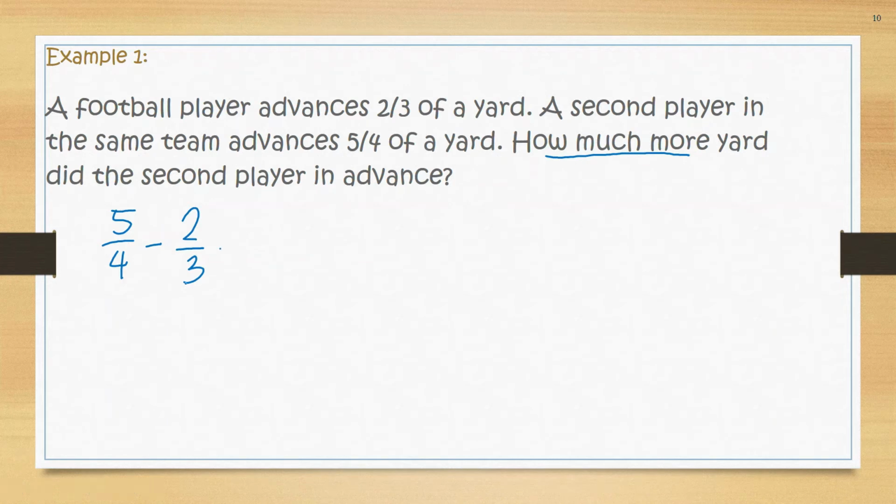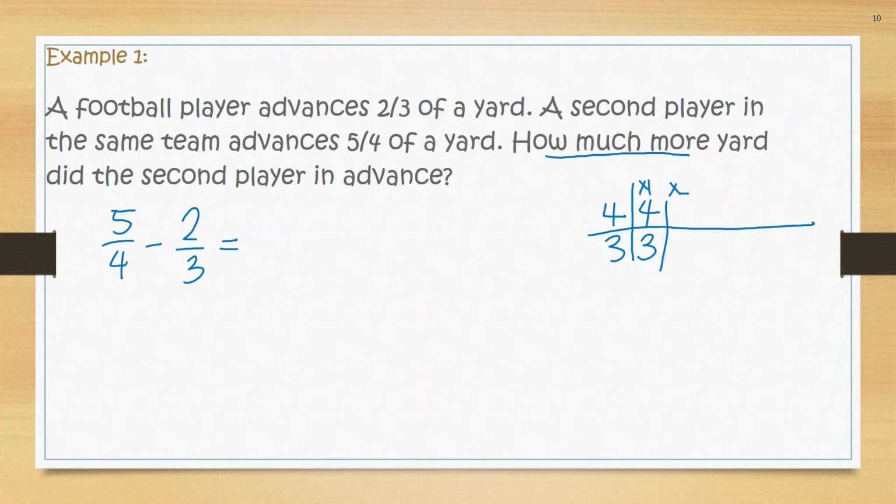So sa pagkuha ng LCD, gagawin lang natin is maghanap tayo ng common number ng 4 at saka 3 ng multiples. So let's try here. 4 saka 3. So first times 1. So 4 times 1 is equals to 4. 3 times 1 is equals to 3.